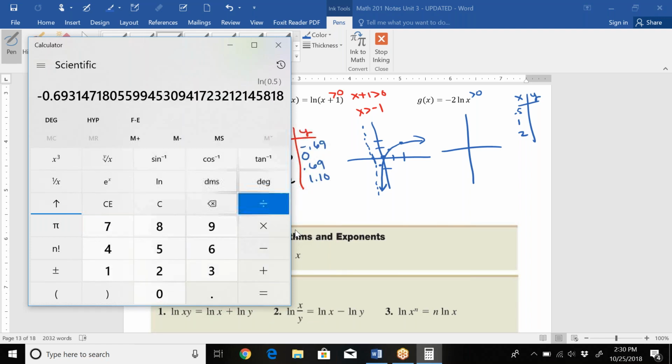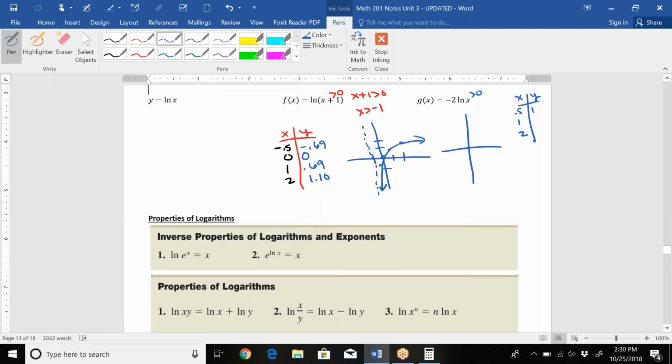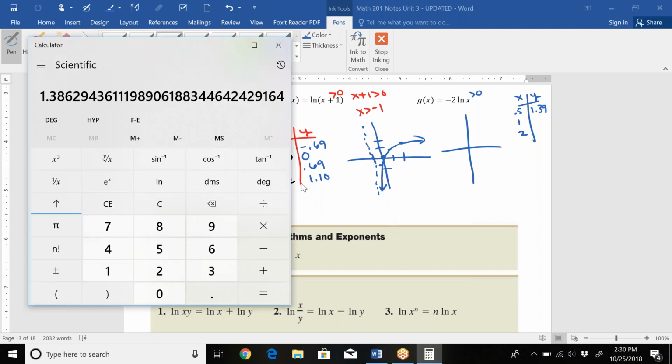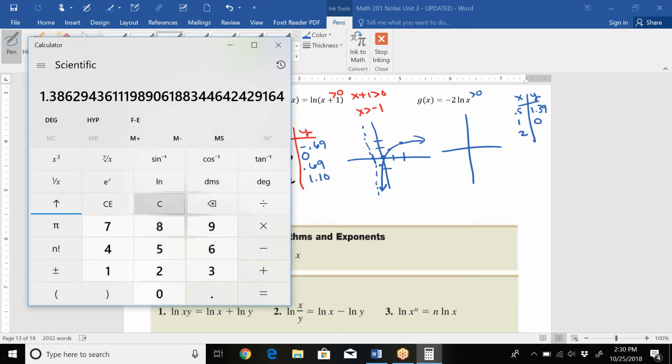0.5 natural log, and then we times that by a -2. So that's 1.39. Then we do natural log of 1, which is 0, times by -2 would still be 0. And then natural log of 2, times that by -2, that's -1.39.